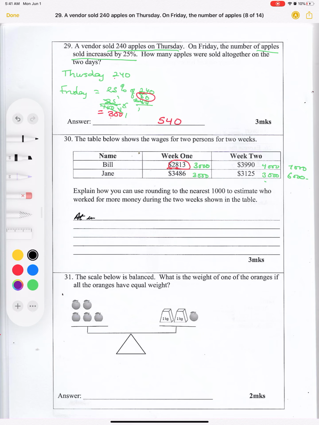In week 1, Bill's wage can be rounded off to 3,000, and in week 2, it can be rounded off to 4,000, making a total of 7,000.